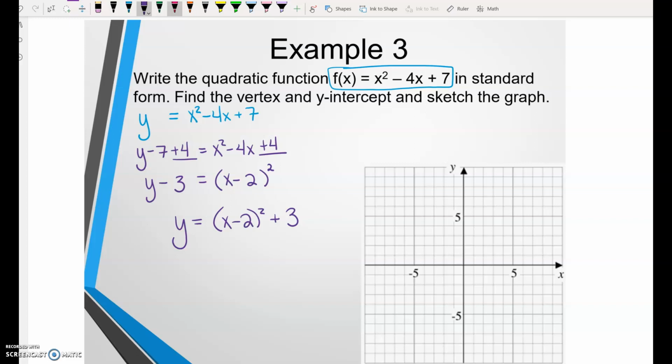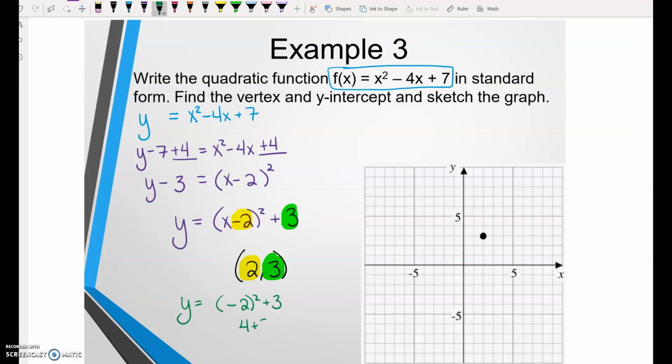Okay, now that we have it written in this form, we can figure out what the vertex and the y-intercept is. The vertex is going to be the point (2, 3). Remember, you take the opposite of the number in the parentheses, and this other number is perfectly normal. So we got the point (2, 3). That's our vertex. The y-intercept can be found by plugging in 0. 0 minus 2 is negative 2.